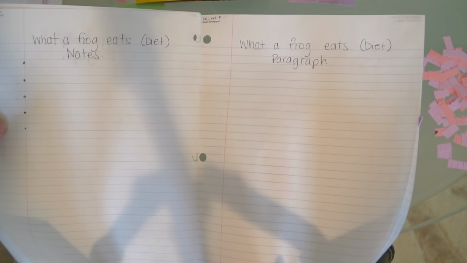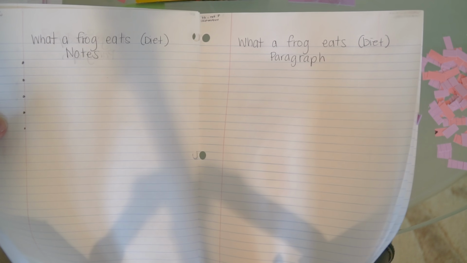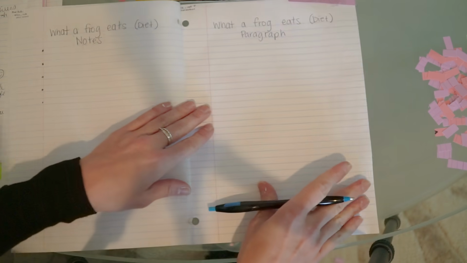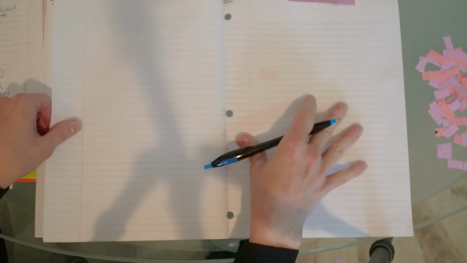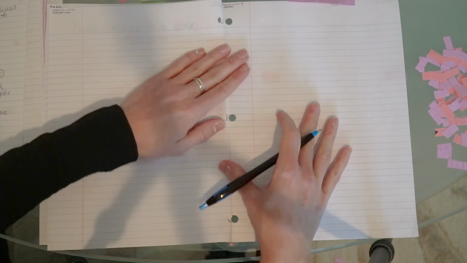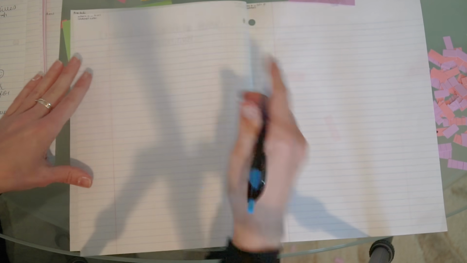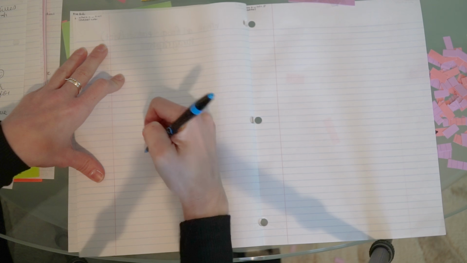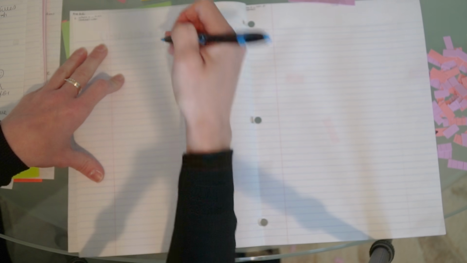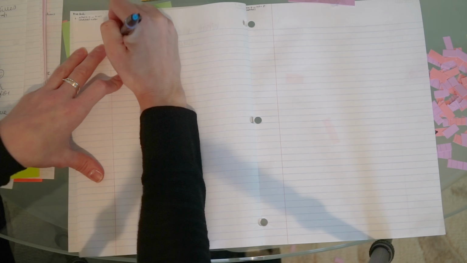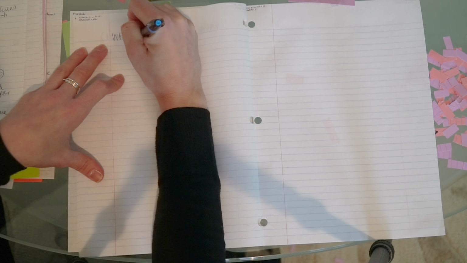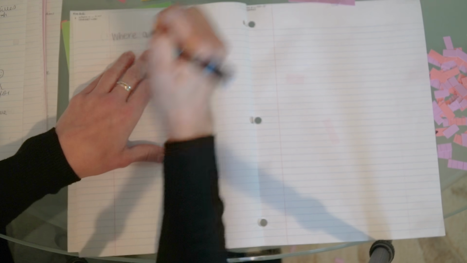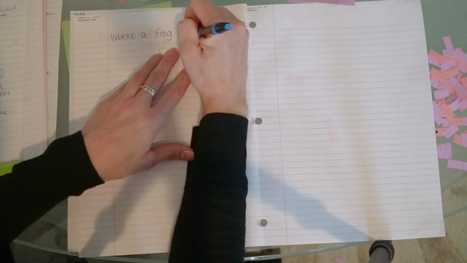Okay, so the setup is going to be just like that. One side is notes, one side is your writing for your paragraph. Next page is going to be where your animal lives. And this is where your notes are going to go about where your animal lives. So again, I'm going to write on the top where a frog, because that's the animal that I chose, where a frog lives.